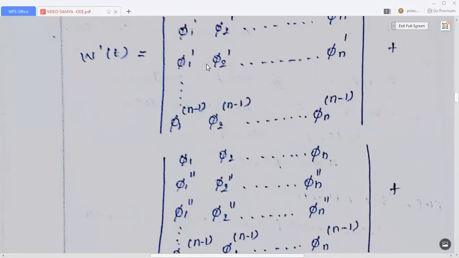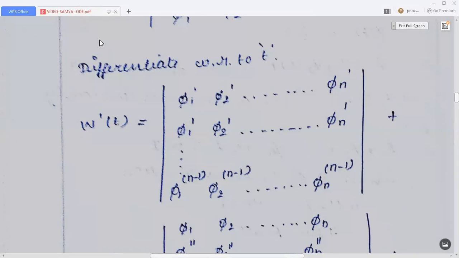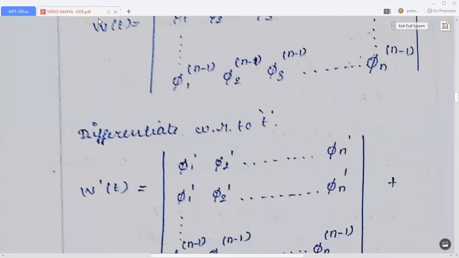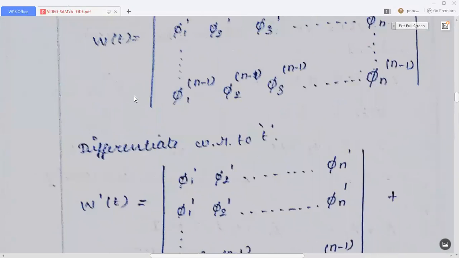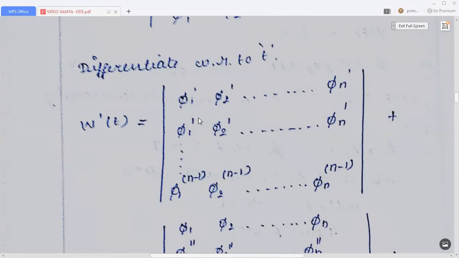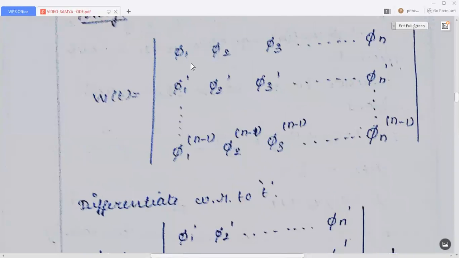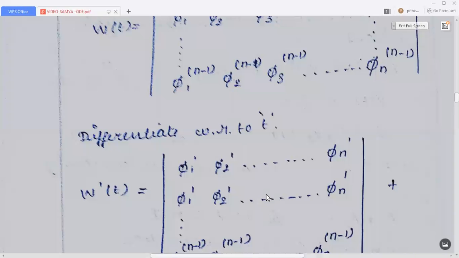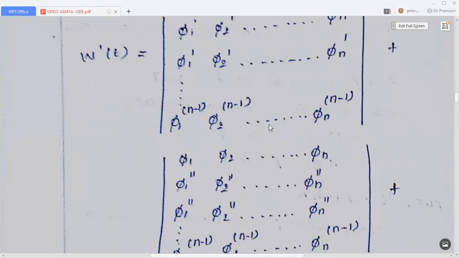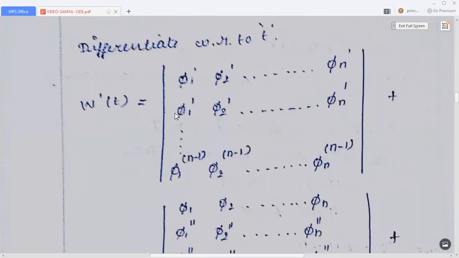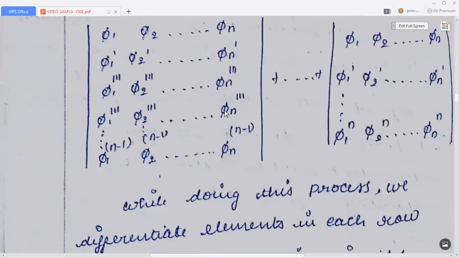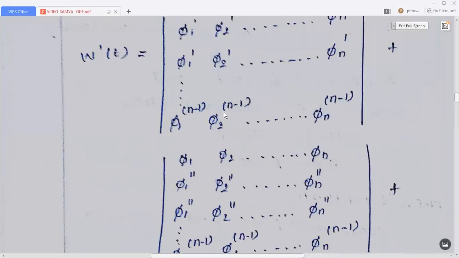Now we are going to see the procedure for how to differentiate a determinant. When you differentiate this determinant W of t, we get W dash of t, which is equal to the sum of all these determinants.